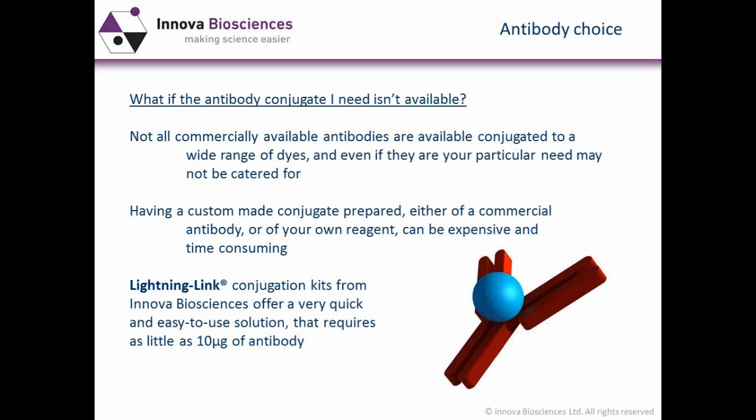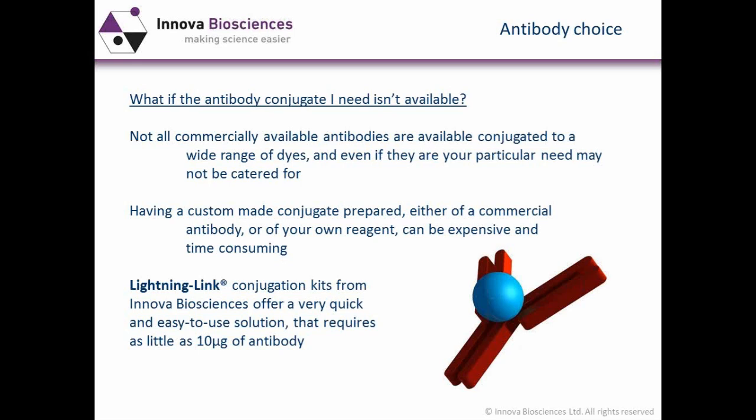You may of course have your own antibody that you need to be conjugated to a particular color for a multicolor experiment. So your choices at this stage are probably to have a custom-made conjugate prepared, either from a commercial antibody, or to prepare your own conjugate using traditional techniques. Both of these can be quite time-consuming, expensive, and utilize a lot of antibody.